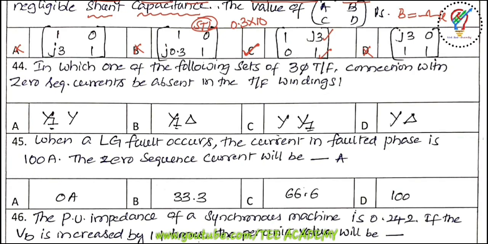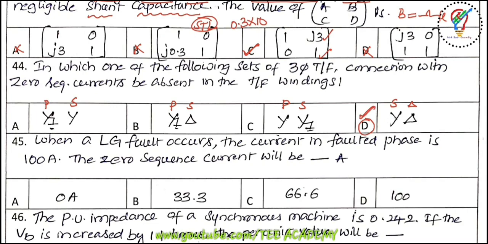But here in the given options, only star and delta are given. The first one is primary star with ground, and secondary is only star. Primary is star with the grounding here, and secondary is delta. Primary with the star, secondary is star with grounding, and the last option is primary is star, secondary is delta here. Okay, so among these connections, D is the right option.